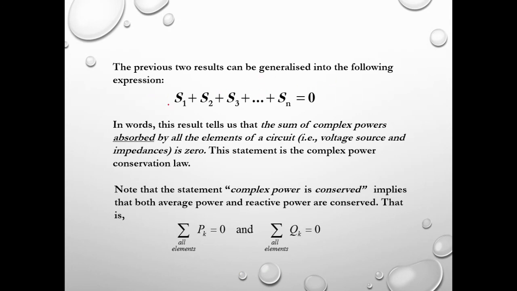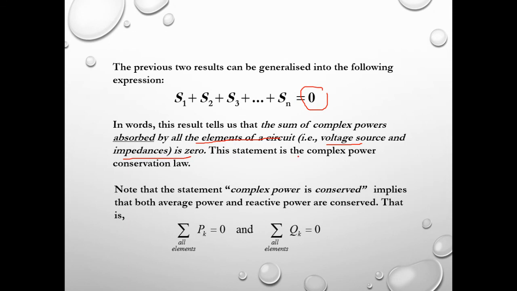So to conclude, the previous two results can be generalized into the following expression: S1 plus S2 plus S3 up to Sn. Whatever number of branches or loads you have in your circuit, the total is equal to 0. In words, this result states that the sum of complex power absorbed by all the elements of the circuit, for example the voltage source or independent source, is zero.